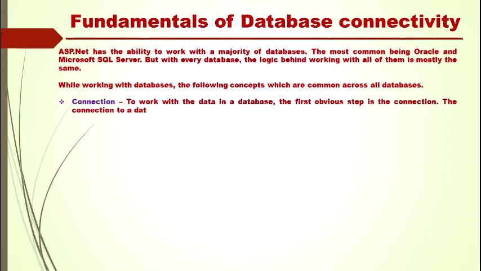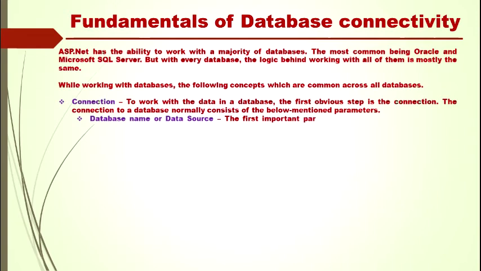The connection to a database normally consists of the below mentioned parameters. First, database name or data source. The first important parameter is the database name. Each connection can only work with one database at a time.